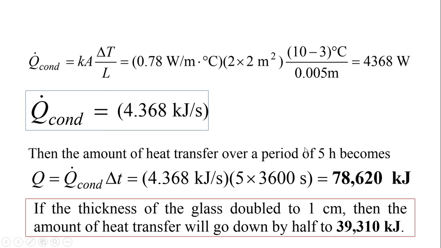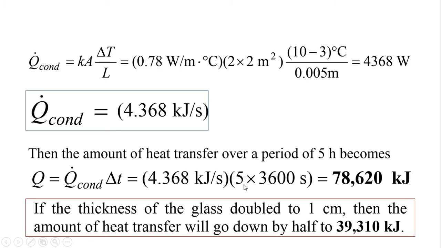To determine the heat loss during the specific time period, you have to multiply the rate of heat transfer by the time duration over which the conduction took place. So this is the 4.368 kilojoules per second, which was determined in the previous part, and you have to multiply it by the seconds.